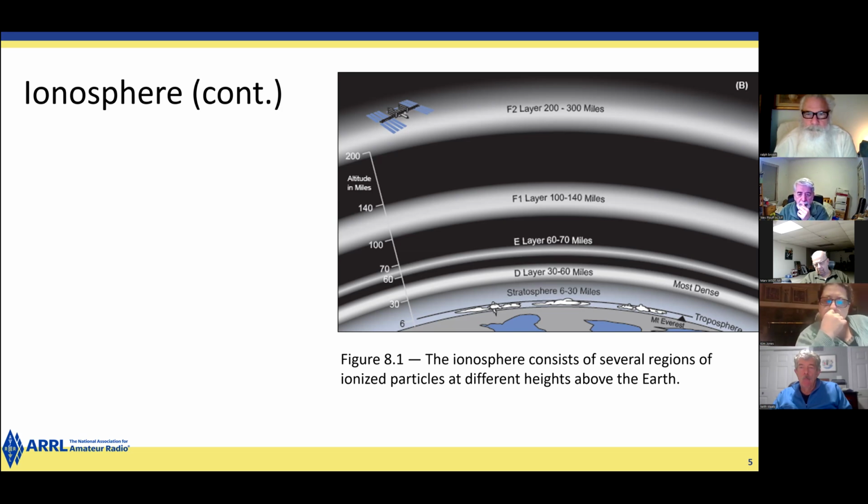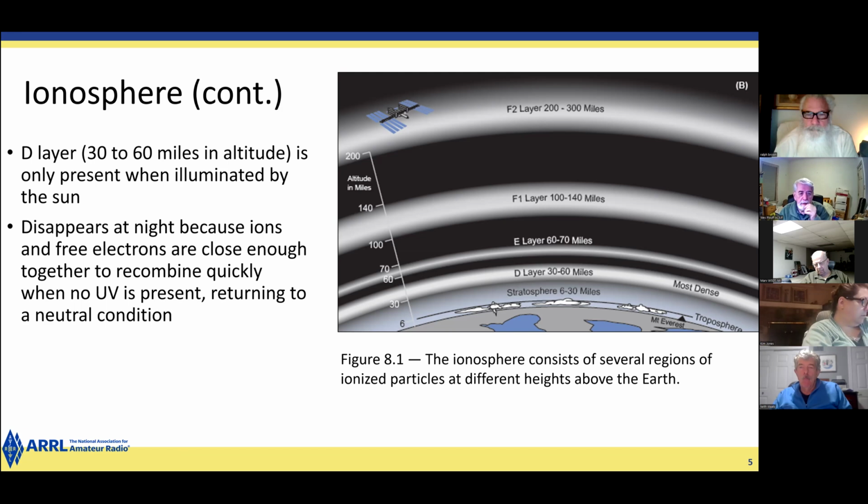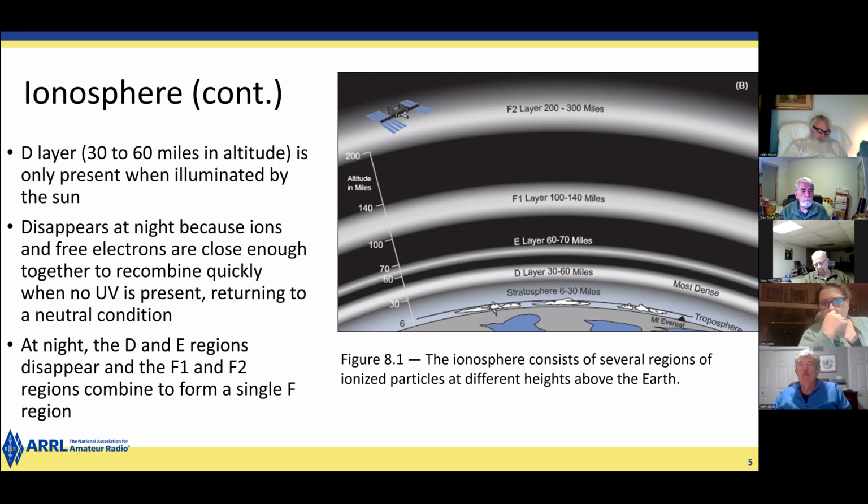So the D layer is only present when the sun is up. The E layer goes away a little later, and the F1 and F2 layers combine, but remain ionized and conducive to radio propagation at all times.